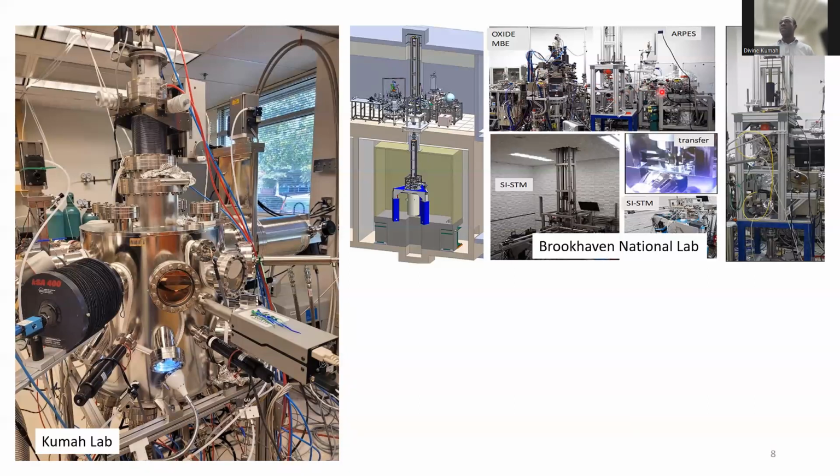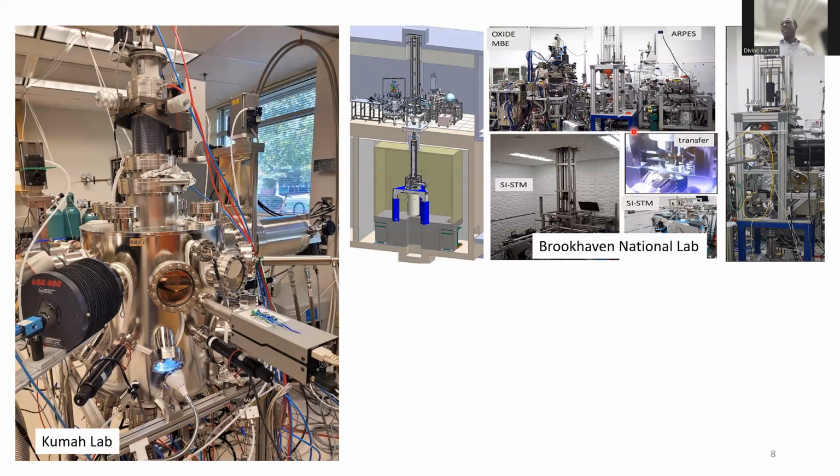But it's attached to something called an angle resolved photoelectron spectrometer, which allows you to characterize the electronic structure of the material that you've grown. This particular system has a hole in the ground under the MBE system so that you can grow your material and transfer it down this hole in a vacuum tube, down into a microscope, a scanning tunneling microscope.